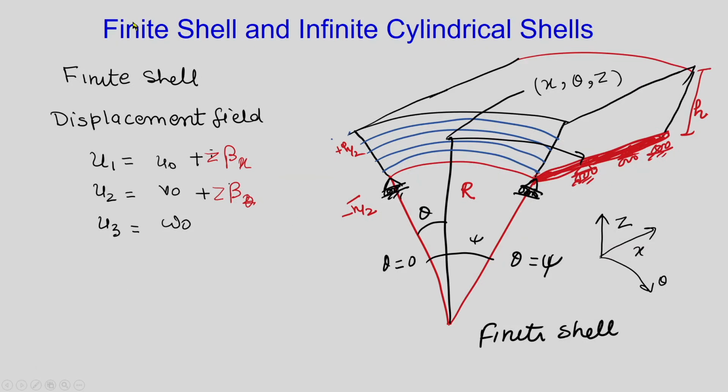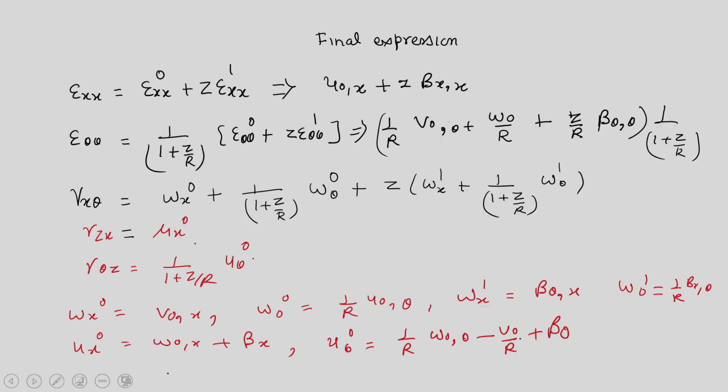So, first of all, a finite shell is considered for study. In that, the displacement field in this paper is assumed like this: u naught plus z times beta x. Instead of psi 1 and psi 2, in that paper beta x and beta theta are used. Then the concept remains the same, x, theta and z, and the mean radius r.